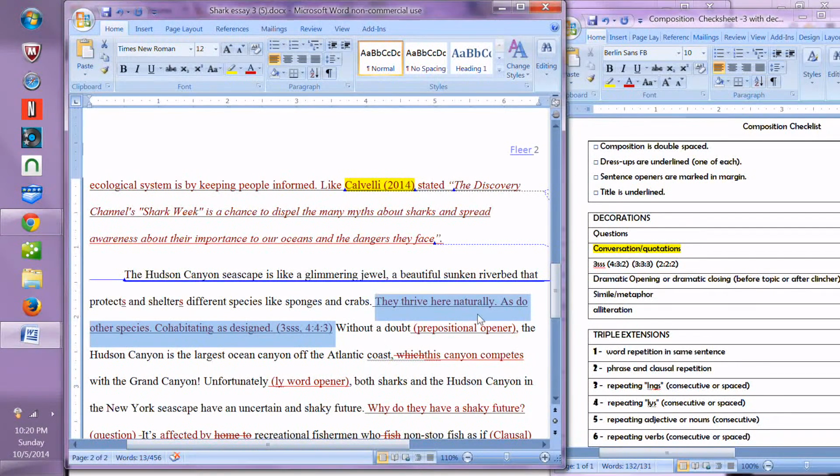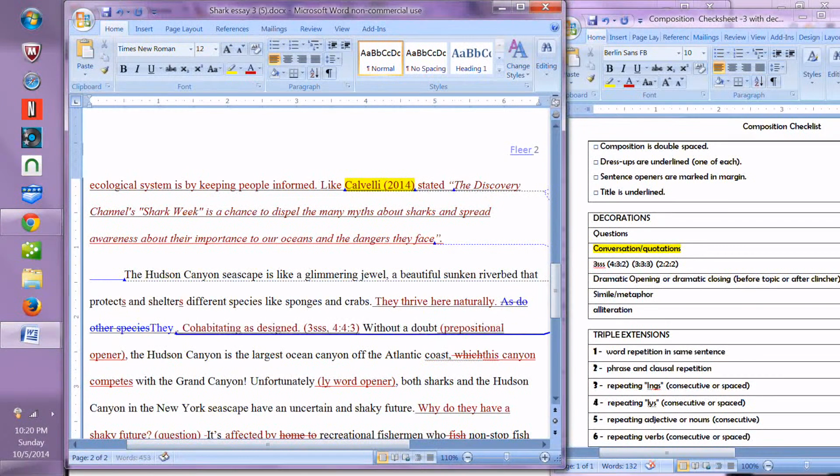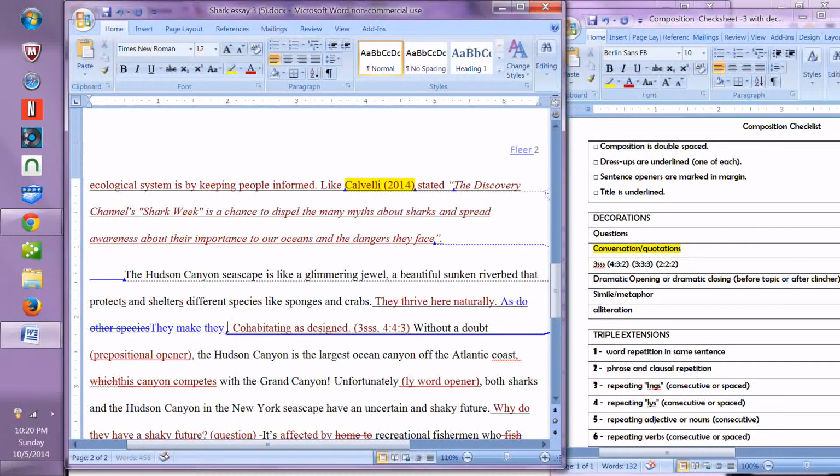So let's see if we can come up with some short sentences here. They thrive here naturally. They make their homes.